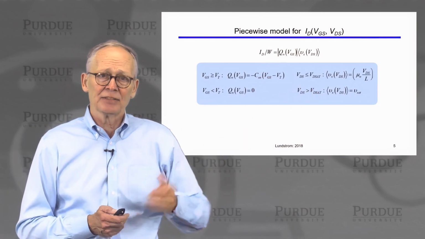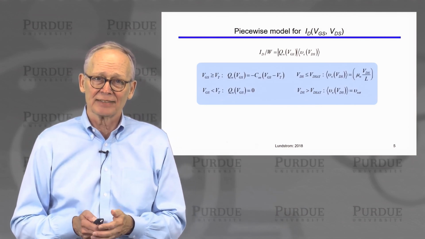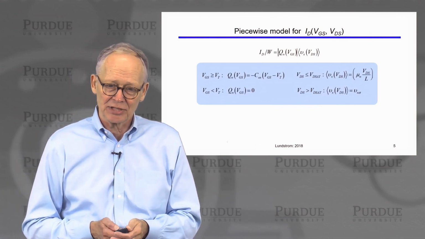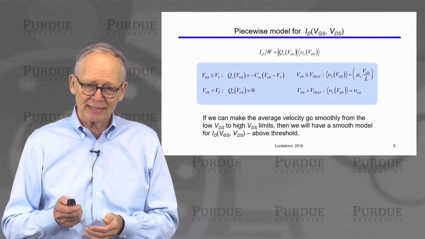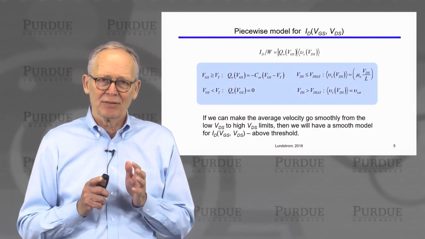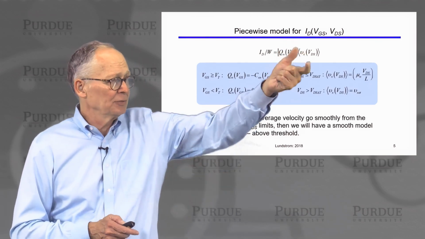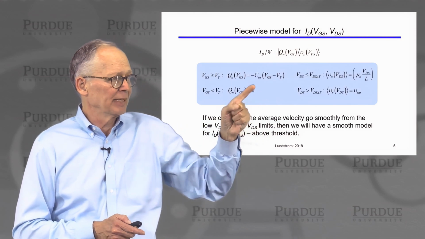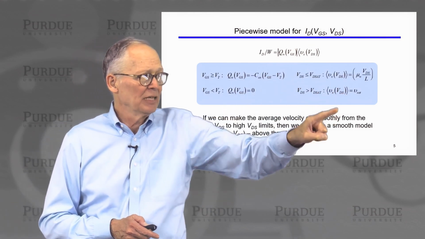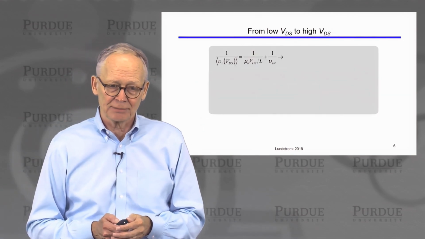In the high drain-to-source voltage regime, the velocity is just the saturated velocity due to the high electric field in the channel. That saturated velocity we call Vsat. So if we could just make the velocity go smoothly from its low value, mobility times VDS over L, to its high value Vsat, then we would have a smooth and continuous model.